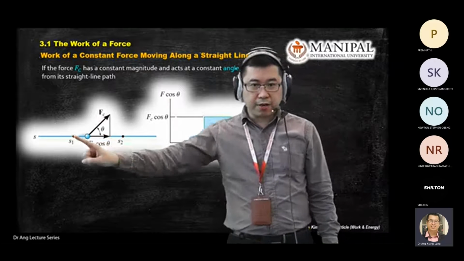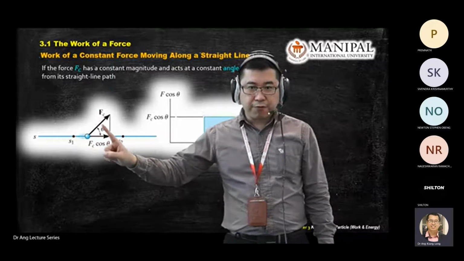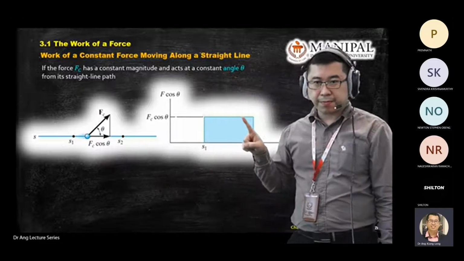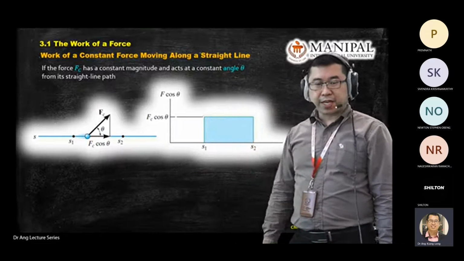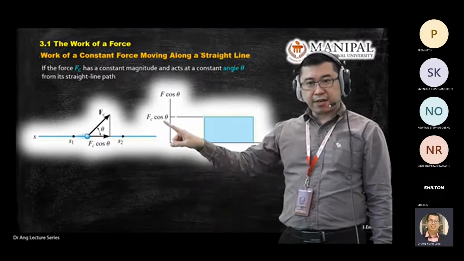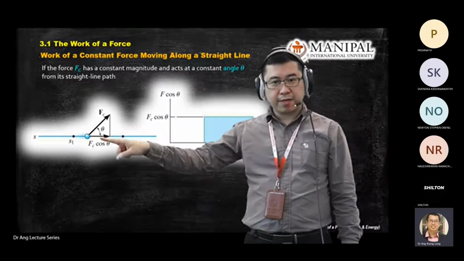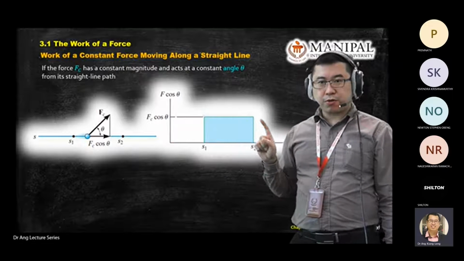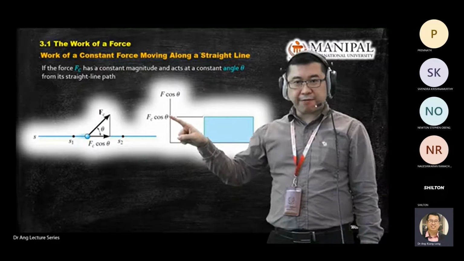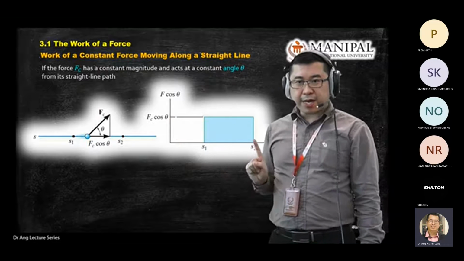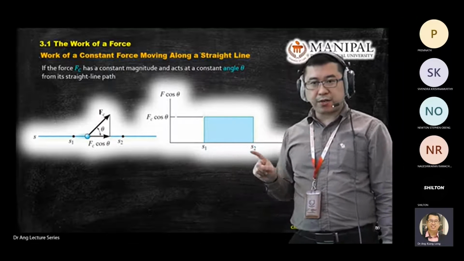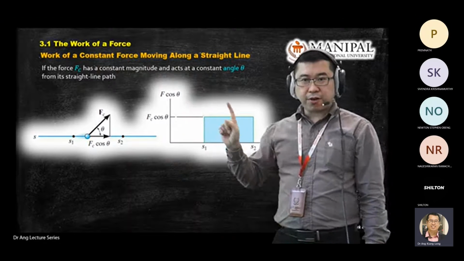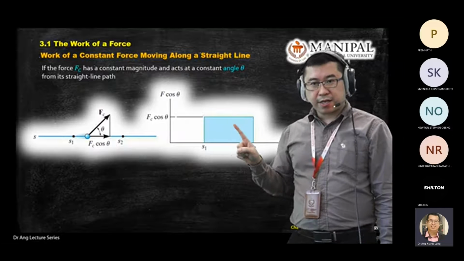If the object moves in a straight line, the force component acting along the flat surface is always the same at the angle theta. Then the force that contributes to the work is F cos theta multiplied by the change of displacement, and you get work. The area under the graph of F cos theta versus S is work.